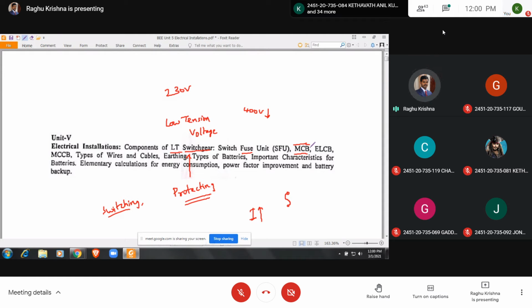If the MCB trips, we can also check for other problems. So here we can reduce the time, whereas in a fuse we have to replace the fuse wire once it breaks. So here it makes our work very easy. If there is a fault, the MCB will trip, and we can remove the load and get the power supply by switching on the MCB.